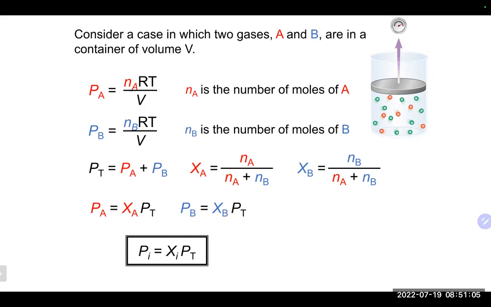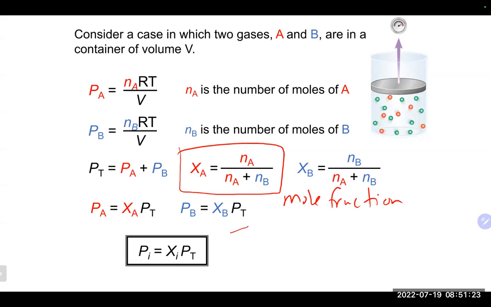And we could use something that we saw in the previous chapter, which is our mole fraction. The mole fraction really is, again, the moles of what you're interested in divided by the total moles. And we could use the mole fraction and this equation in a situation where we don't really have enough information to go into the ideal gas law.